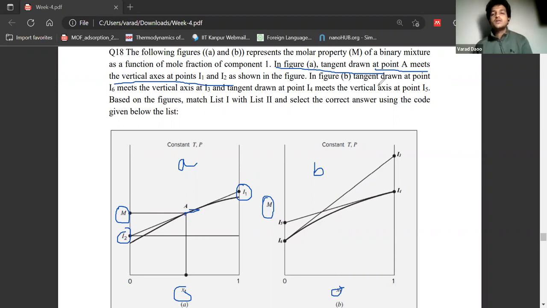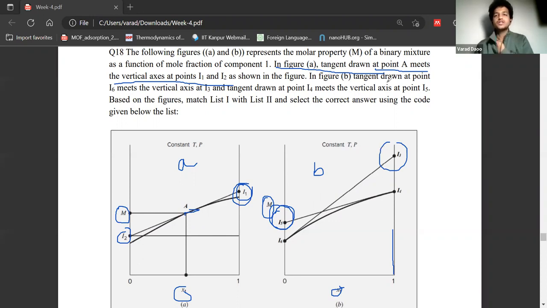And in figure B, we are drawing the tangent at this point, and it meets this axis at this point, and the tangent drawn at this point meets this axis at point I5. So the question is all about the relationship between I1, I2, I3, I4, I5, I6.